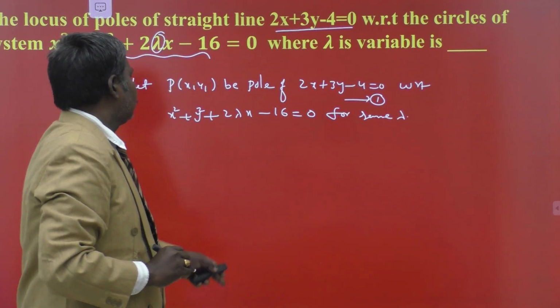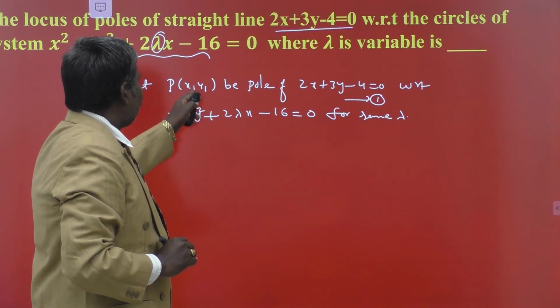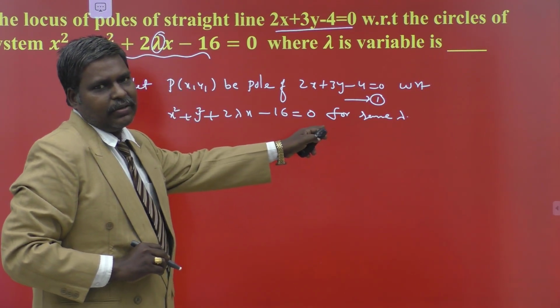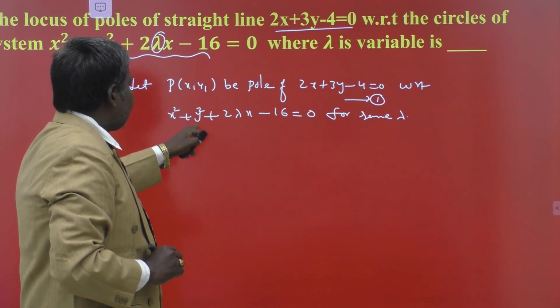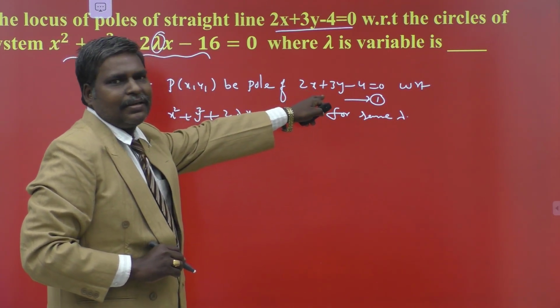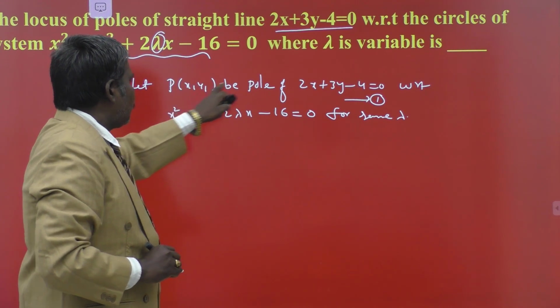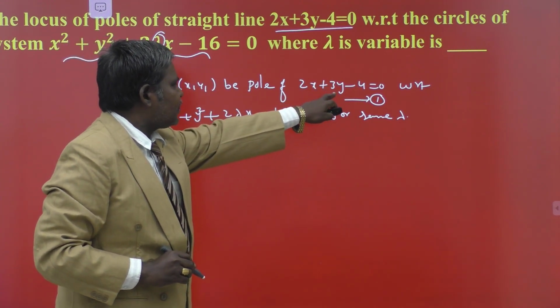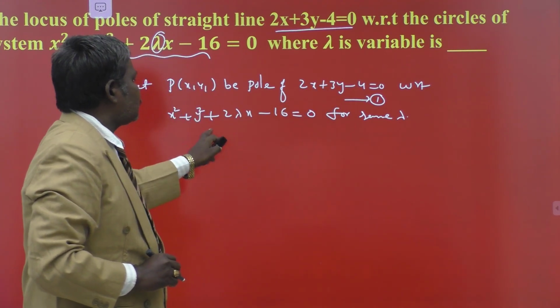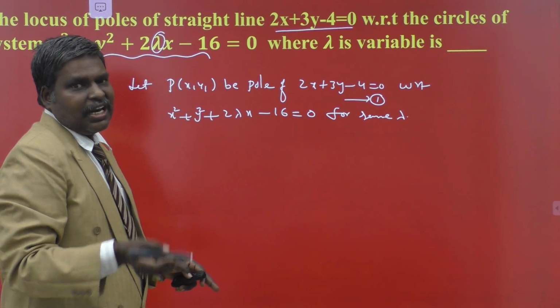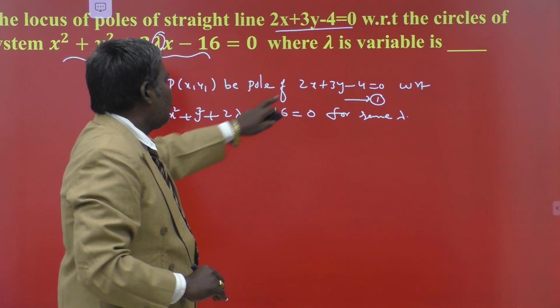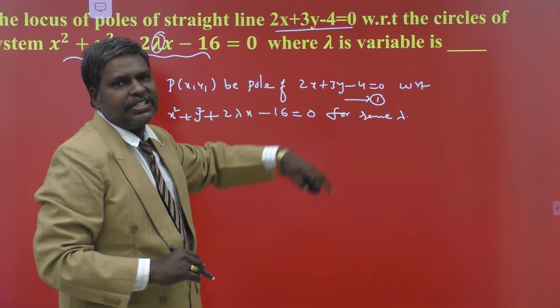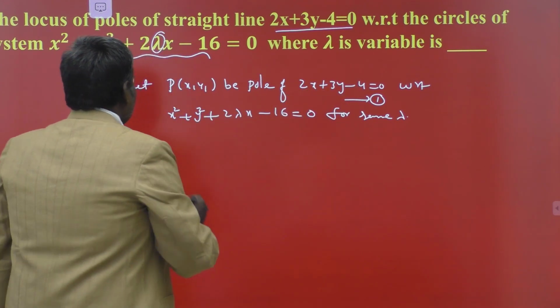This is pole. That means can I write the polar of P(x1, y1) or not? What is the polar equation for P? S1 equal to 0. If this is the pole for that line, then immediately that line is the polar of this point with respect to the circle. But the polar is what? S1 equal to 0. Already this is the line. Both represent the same, then we compare.